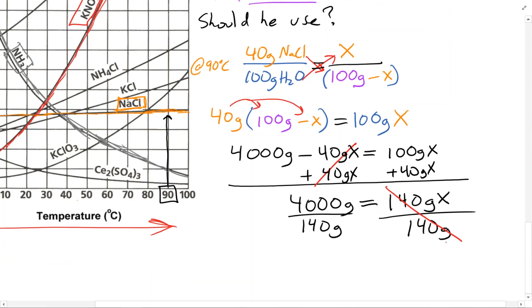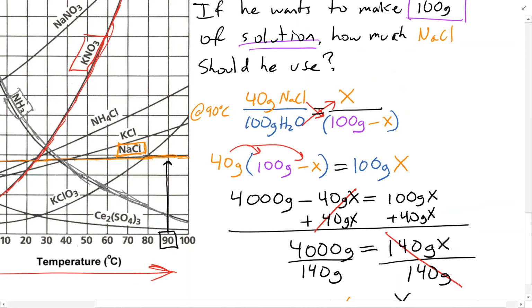All right, so when we do this, we're going to get 4,000 divided by 140, which is 28.6, about 28.57, but we're going to go 28.6, is equal to X. So what we're saying is 28.6 grams of NaCl, right? Because remember, X was NaCl, so 28.6 grams of NaCl is how much he should use.